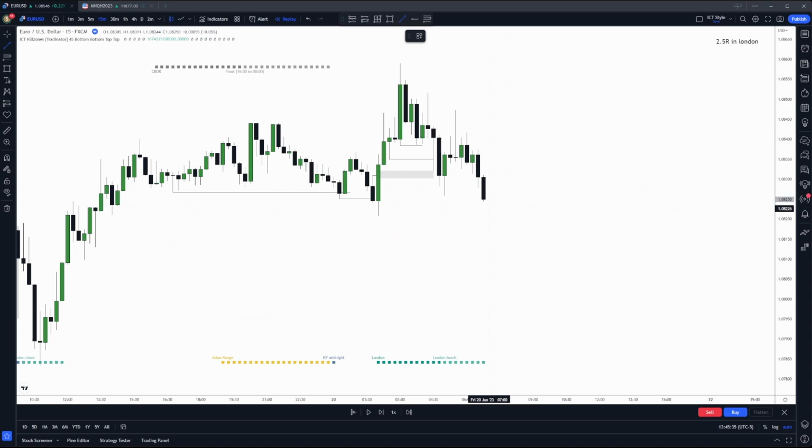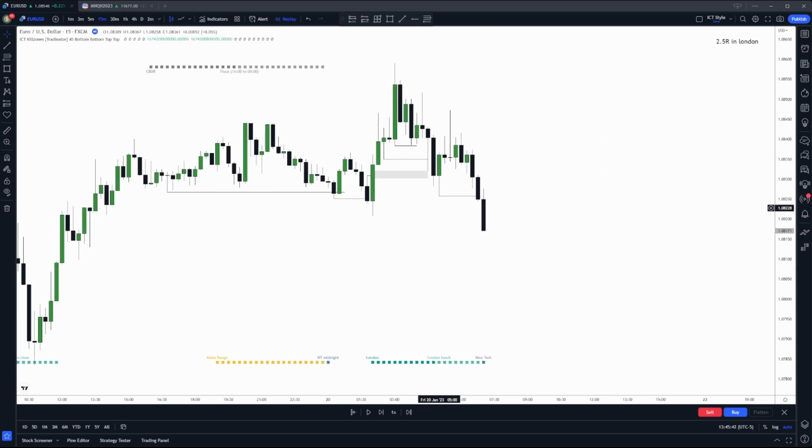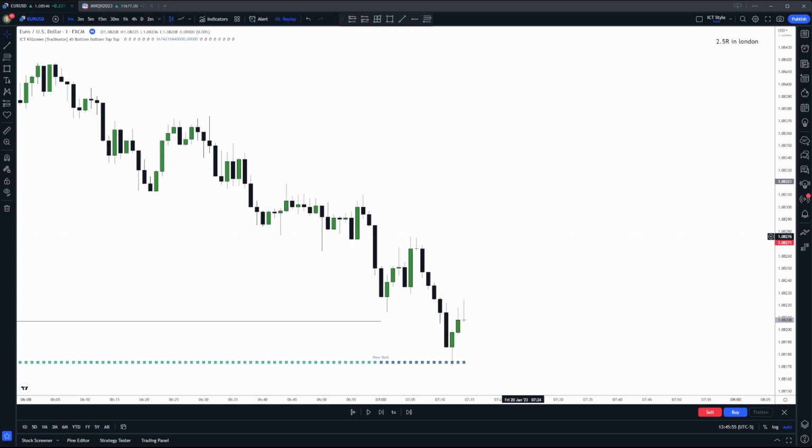As we can see, we are approaching the New York session, and we already took out this low right here. So the liquidity from there got swept. And then immediately we also take out this liquidity right here, this also being the London low, and actually the daily low. So that's quite an interesting level to have an eye on.